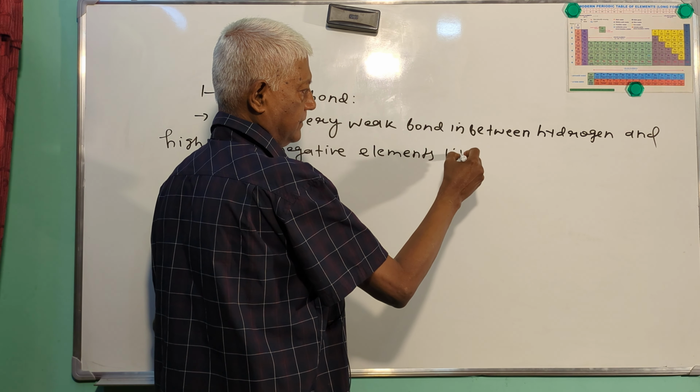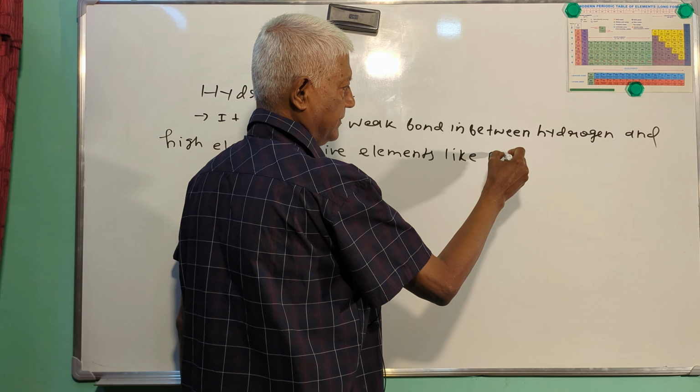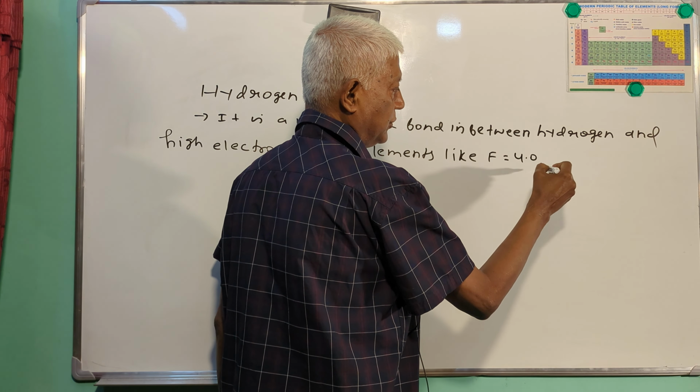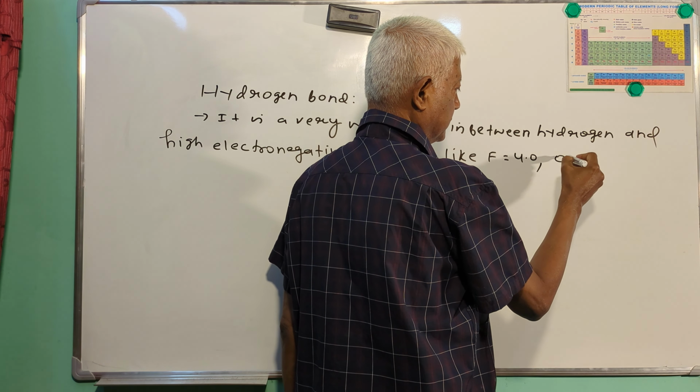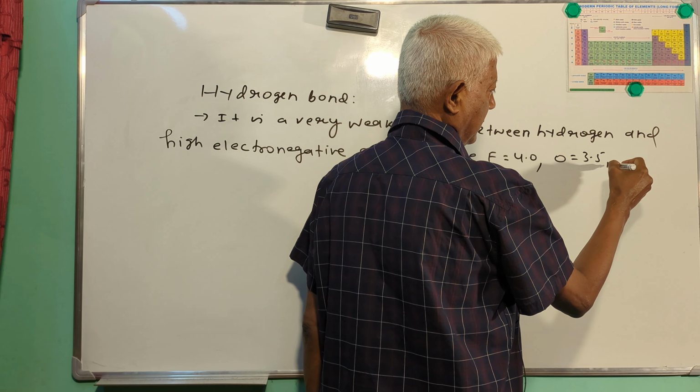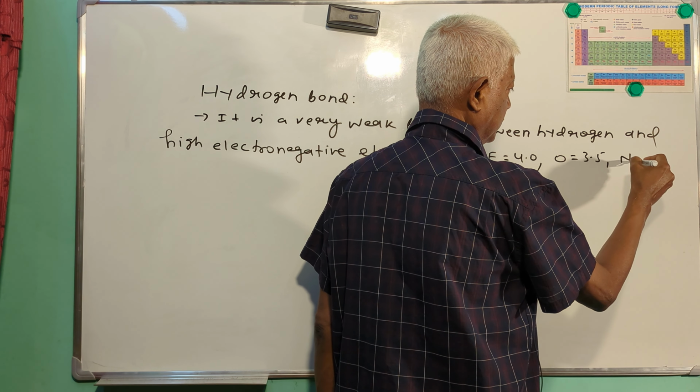elements like fluorine. Its electronegativity value is 4.0. What is oxygen? Its electronegativity value is 3.5. And what is nitrogen?